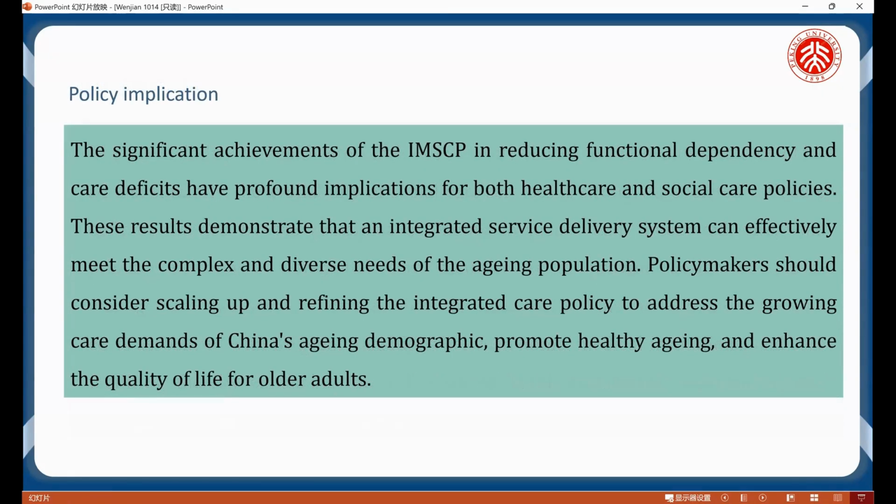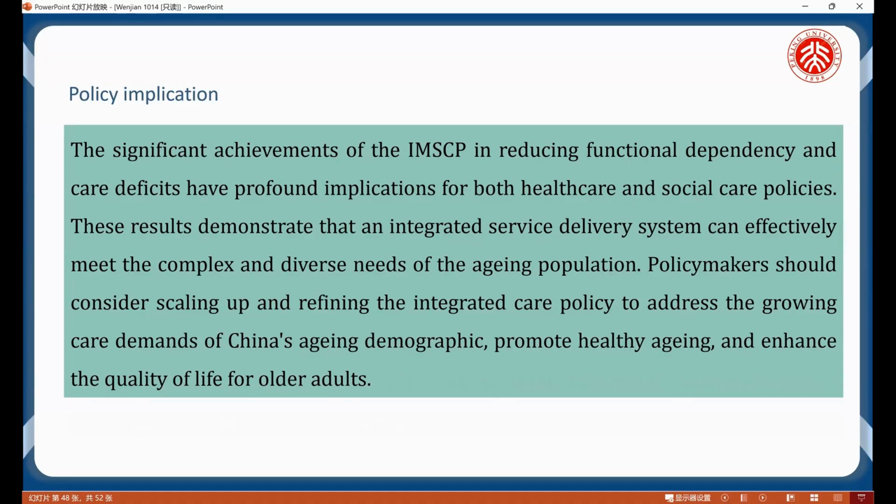The achievements of the IMSCP have profound implications for both healthcare and social care policies. These results demonstrate that an integrated service delivery system can effectively meet the complex and diverse needs of the aging population.